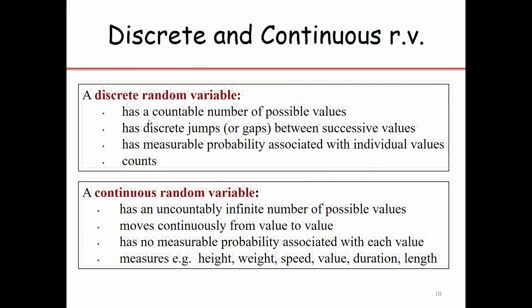A discrete random variable has jumps, or a measurable probability associated with each value of the random variable. As I was saying, probability of x equal to 1 was, suppose, 1 by 9. So at each value of the random variable, we have an associated probability. Here we do not have any single associated probability along with a single value of the random variable.